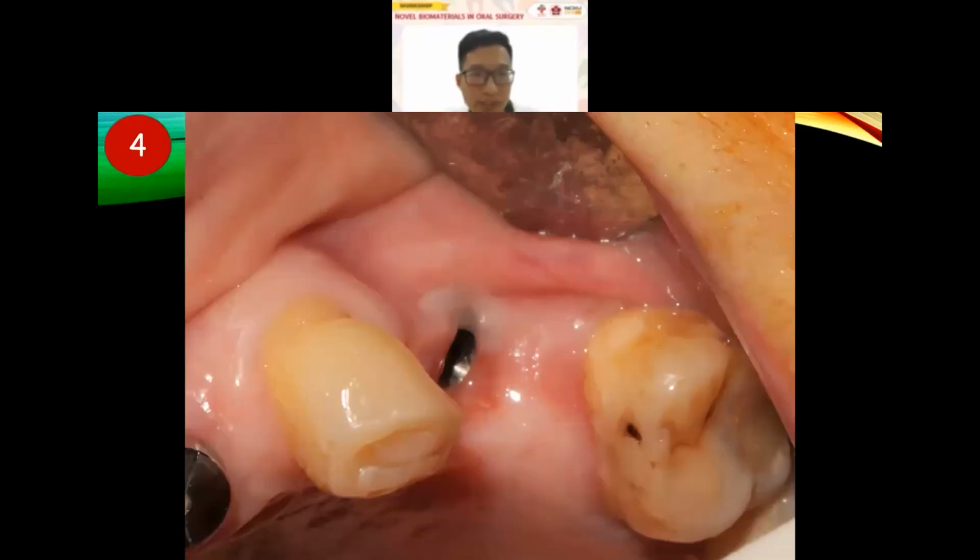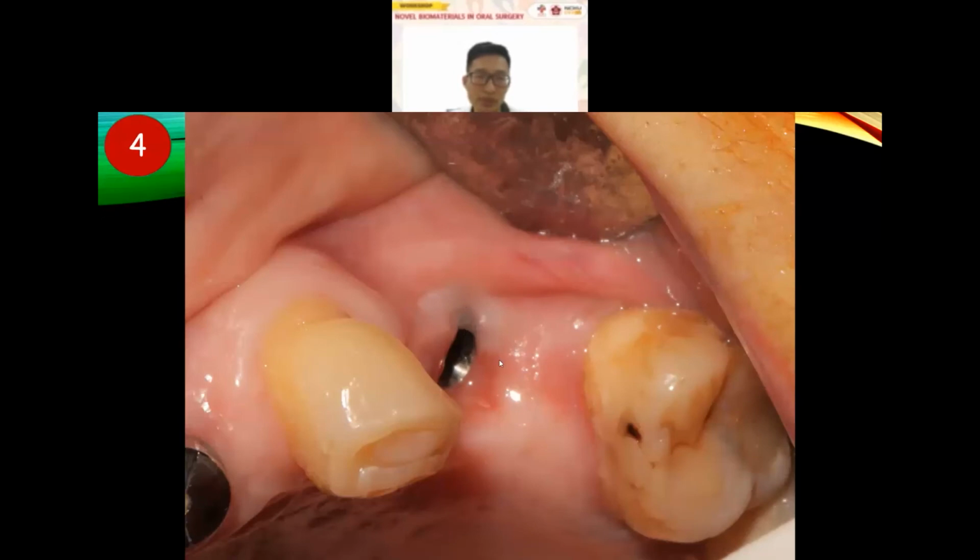We move to the next case with post-loading of the implant. The patient came back maybe 1 year after delivery of the final prosthetic, and you can see that there is gray in the buccal mucosa around the implant.